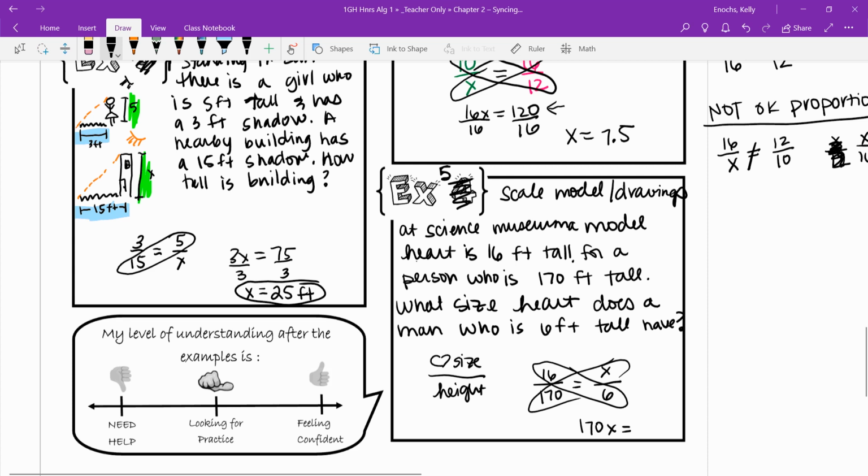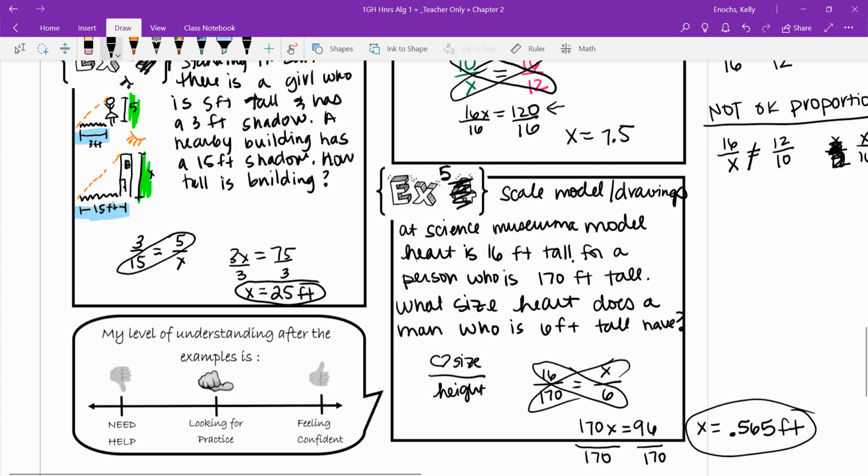So my calculator, 16 times 6 is going to be 96. Then I'm going to divide by 170, and that's going to tell me that x is 0.565 rounded. And remember, that's in feet. So roughly half a foot tall, roughly 6 inches or so for your heart in a 6-foot man.